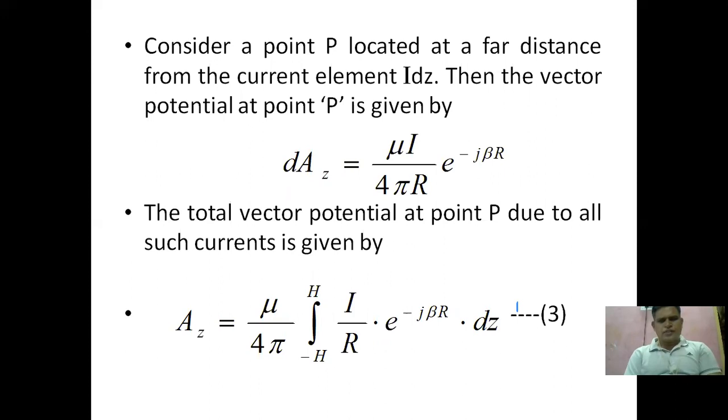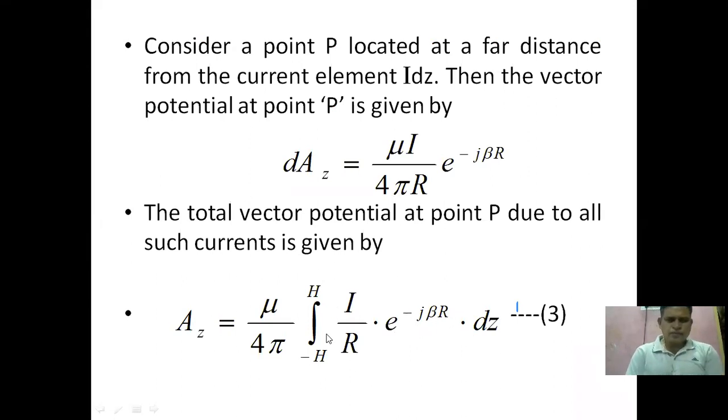From here onwards, I am simply substituting all the values. Now the vector potential A is equal to mu by 4 pi times the integral from minus h to plus h of I by r into e power minus j beta r into dz.